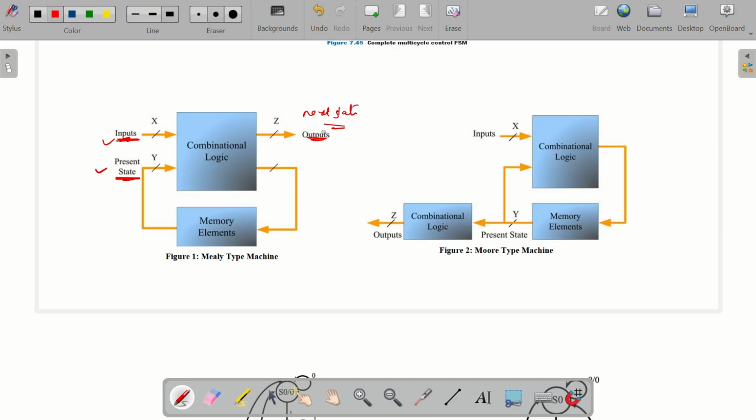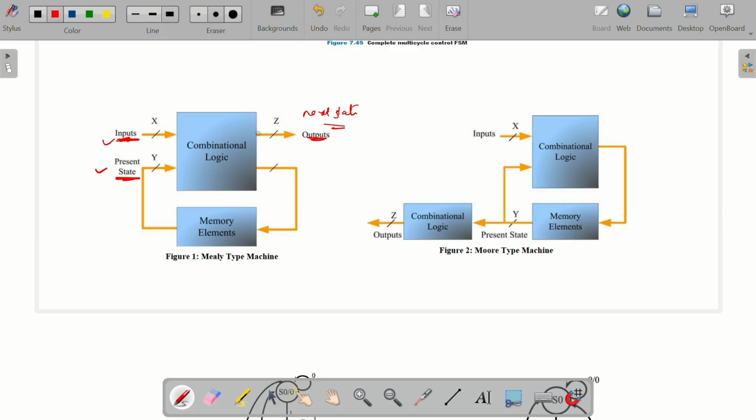This is important because, let's say you have a vending machine. In a vending machine, to determine whether the item will be given to the customer or not, you need to know how much money was inserted in the previous state. So previous state information is a very important determining factor to figure out what the next state will be.